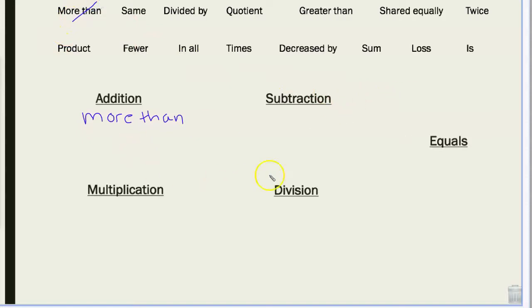Same. It's not really a mathematical operation, but it does imply the equal sign. So 2 times x is the same as 4. So that would be 2x equals 4. Okay, divided by, that's pretty easy.